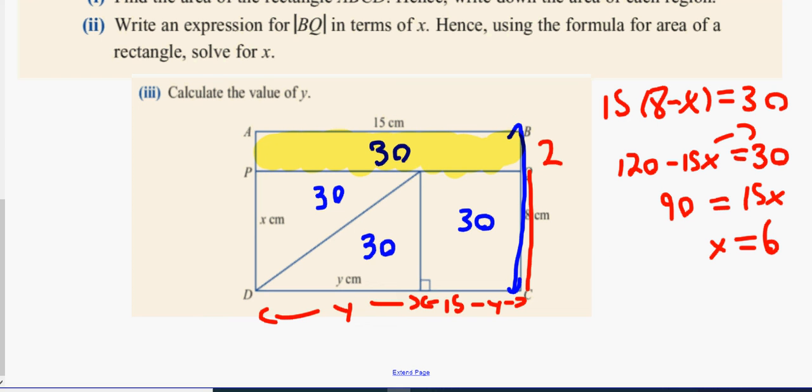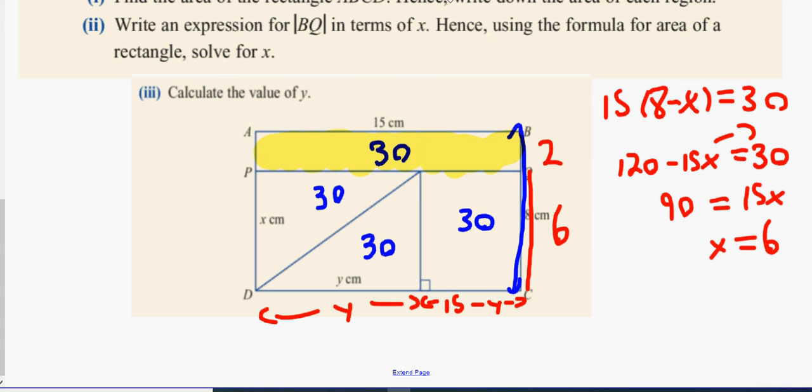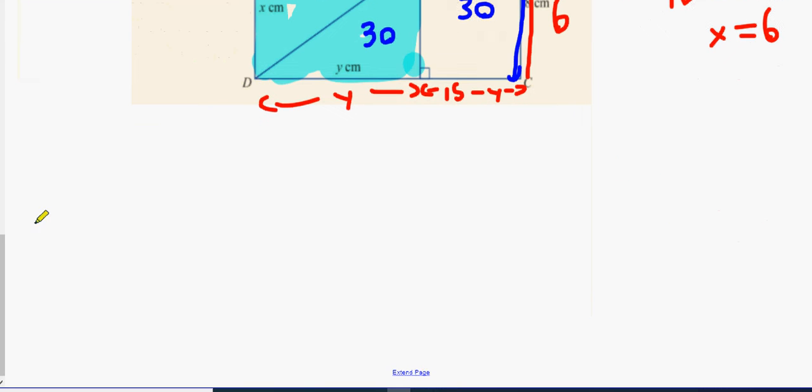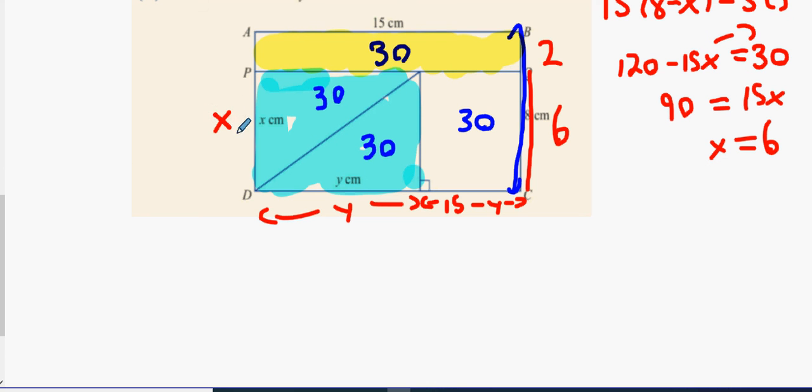Cool. Now we have a really easy one left. I'm going to do this one here, not the triangles, but the rectangle. What's the length and width of that rectangle? The length and width are x and y.